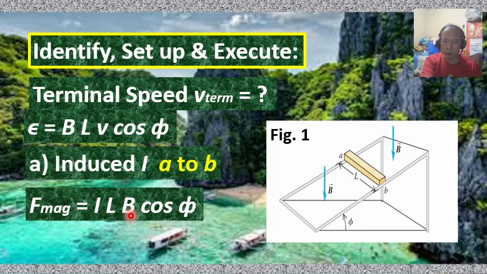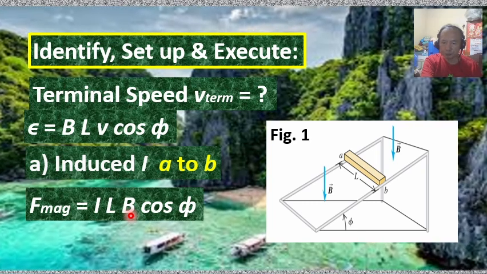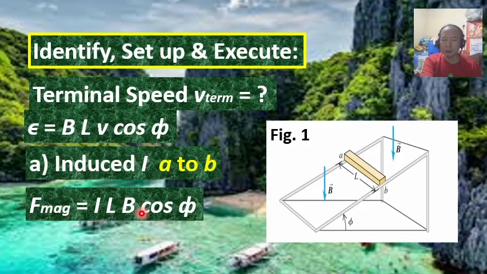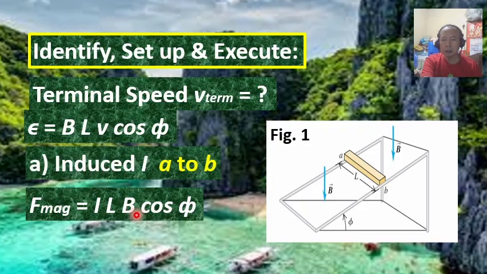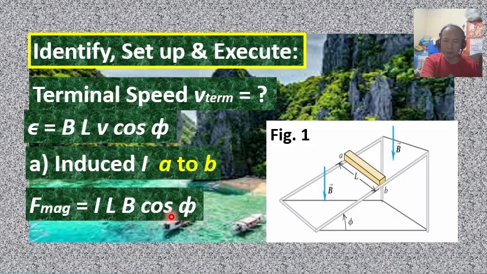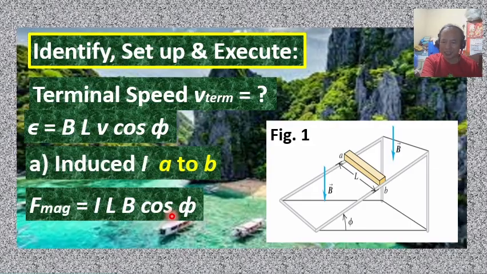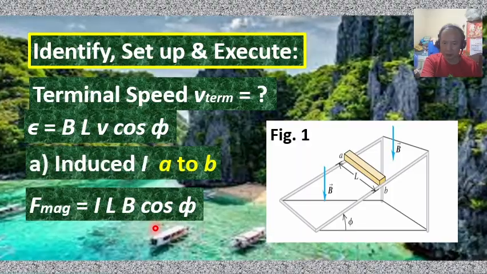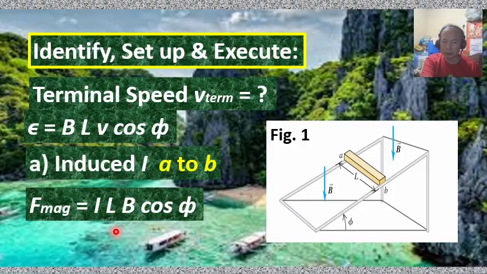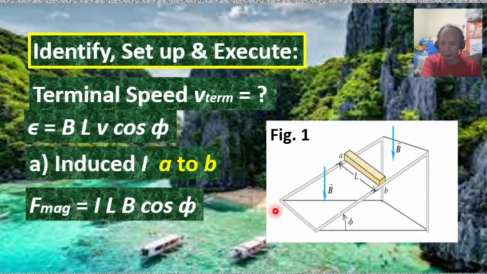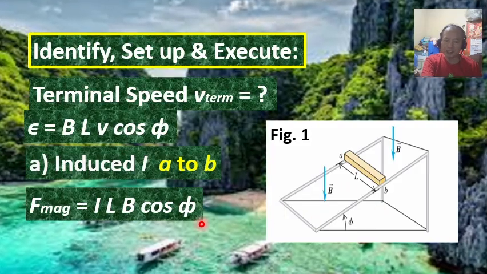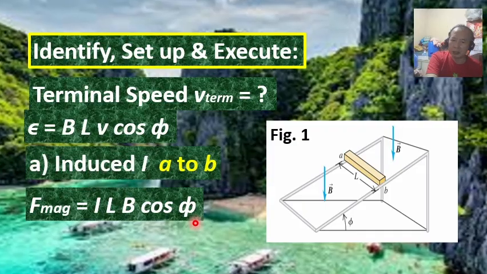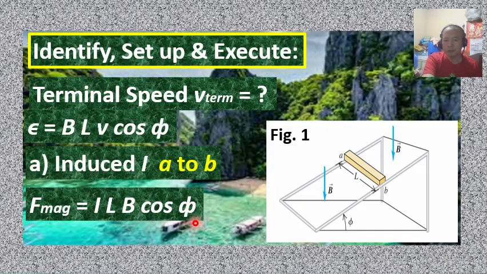The component of the magnetic field, capital B cosine phi, is represented by the four fingers, while the direction of the induced current in the bar is represented by your thumb. So that is the modification.